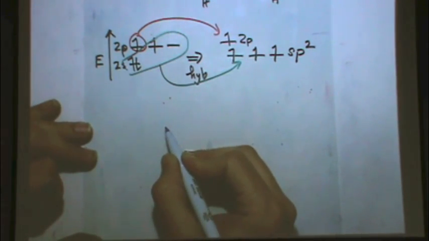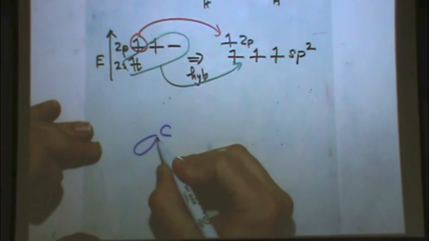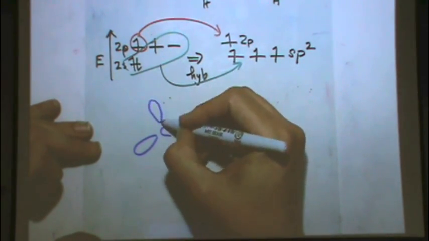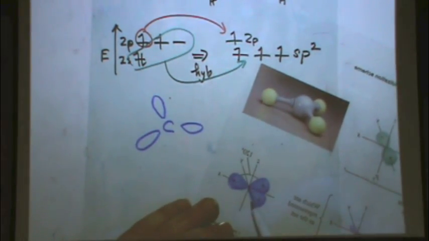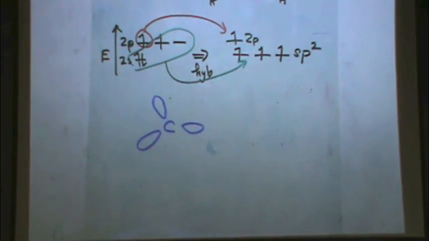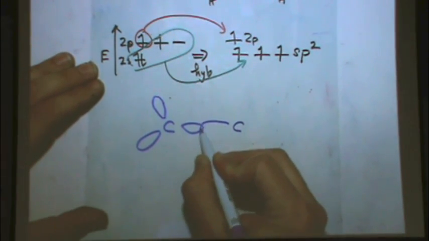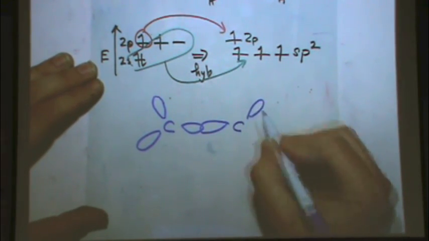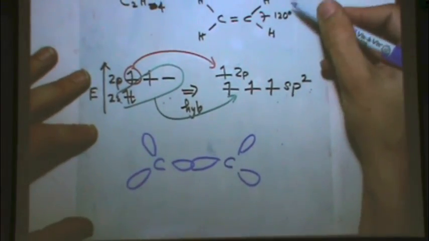Let's say this carbon, the one on the left, I'm drawing that shape that you saw right in this picture here. That shape. Okay. That carbon bonds to another carbon over here. That has that same thing, at the bond angles we expect.